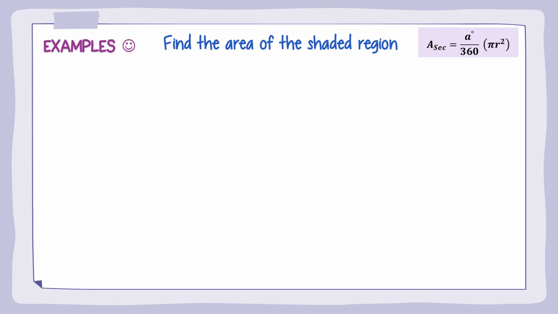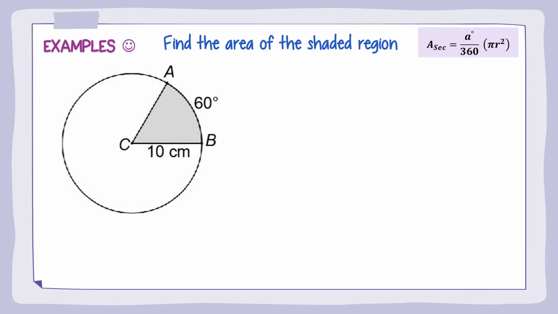Let us find the area of the shaded region. Again, we are guided by the formula given. Area of a sector is equal to the degree divided by 360 times pi r squared. Let us have this one. According to the formula, we have area of a sector is equal to the degree.